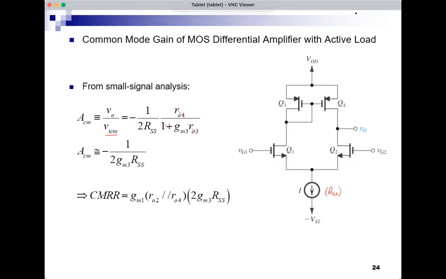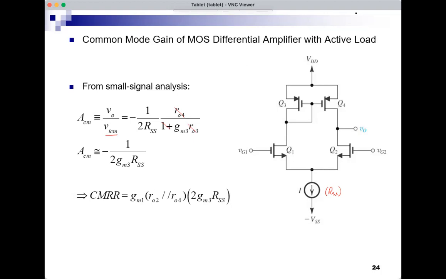This ACM is typically much less than 1 even. So the circuit would not amplify common mode signals, but we will see some output. And the output will be given by this expression, minus 1 over 2 GM3 RSS.